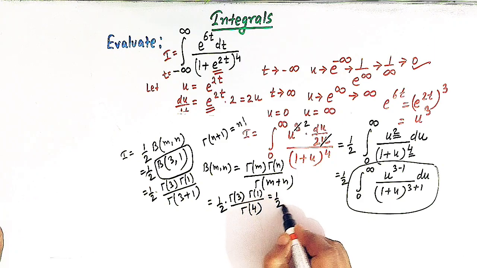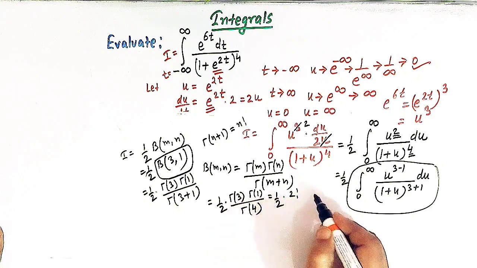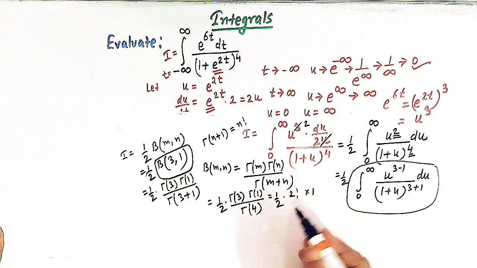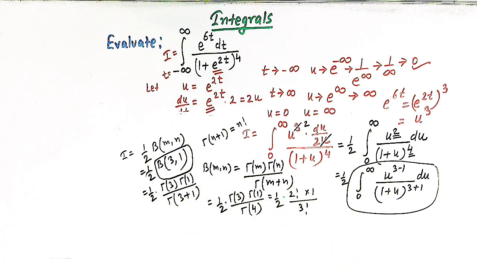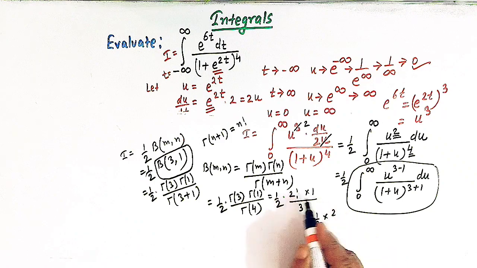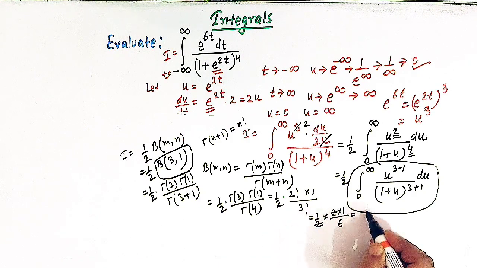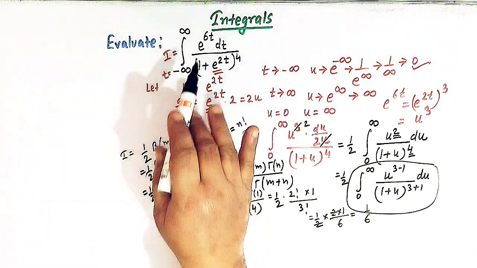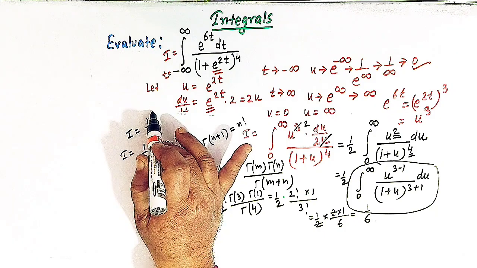So here we have half, gamma of 3 is 2 factorial, gamma of 1 is simply 1, and here we can write gamma of 4 as 3 factorial. So now we have half, 2 factorial is simply 2, and this is 1, and 3 factorial is 6, right? So 2 and 2 get cancelled, so here we have 1 over 6. So the value of this integral I is given by 1 over 6, right?